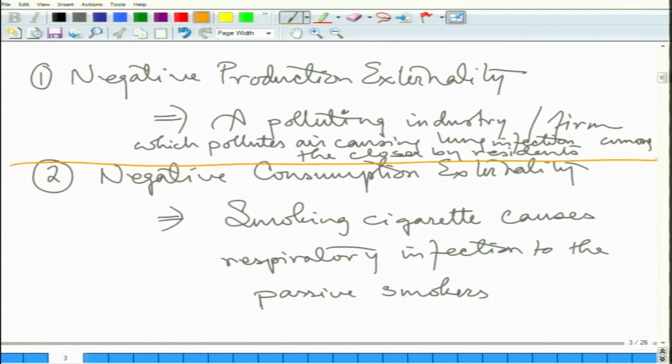Yeah, so these are maybe the most prominent examples in terms of negative production externality and negative consumption externality.